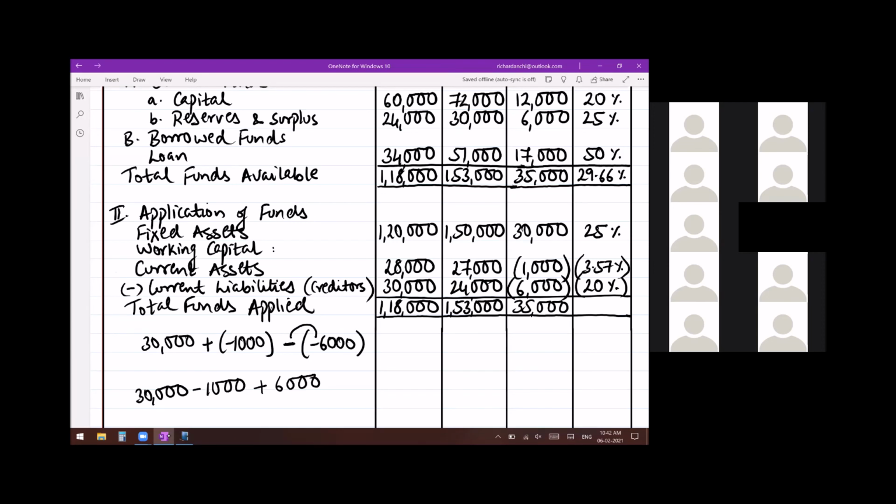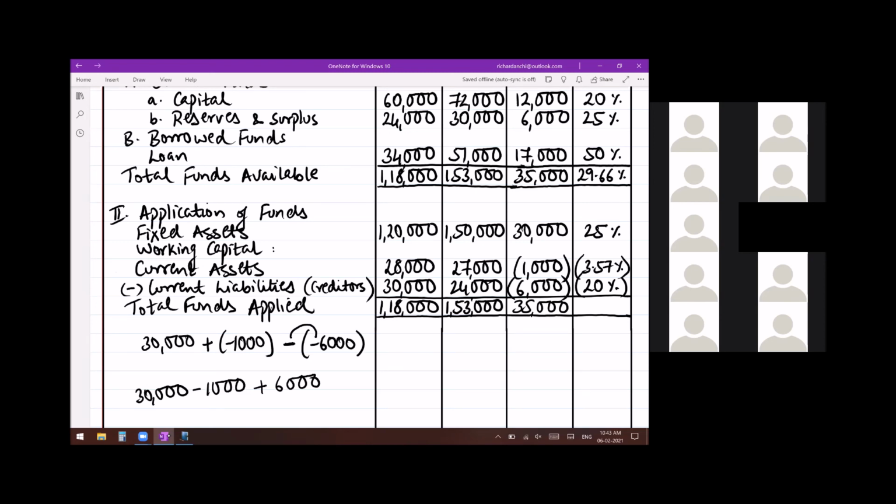The amounts have to be the same. So be very careful. See what is done there. Slightly tricky because there was little maths involved here. That minus into minus became plus. Current liabilities have to be minused, and it already has a minus sign, minus 6,000. So minus into minus, that became plus 6,000.